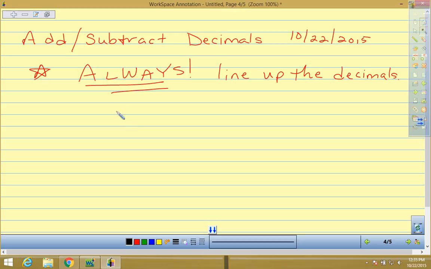So, if I gave you this problem, when I go to write it on my paper, or you go to write it on your paper, you're going to write it horizontally, and you're going to make sure that these decimals match up. Now this one is nice and pretty because they have the same amount of numbers to the left and right of the decimal.